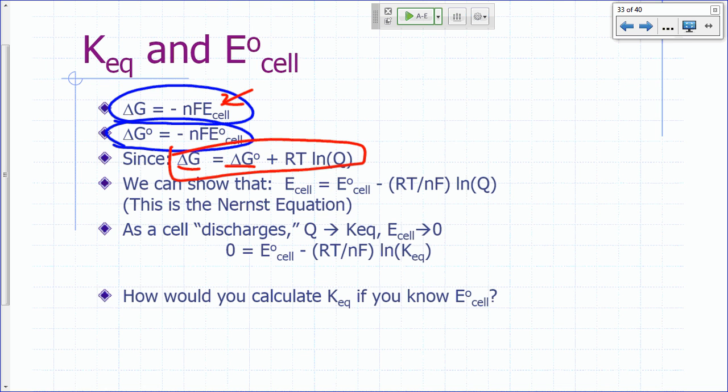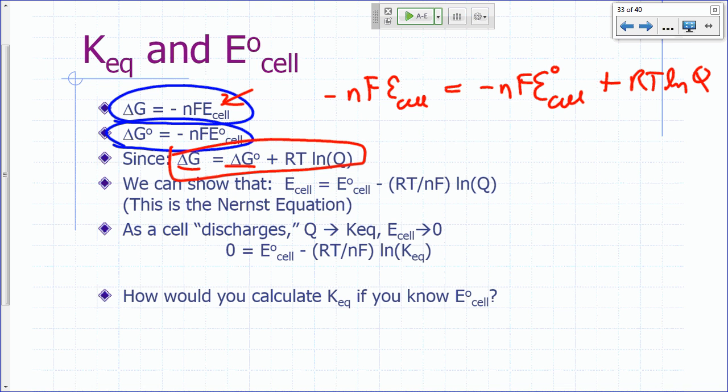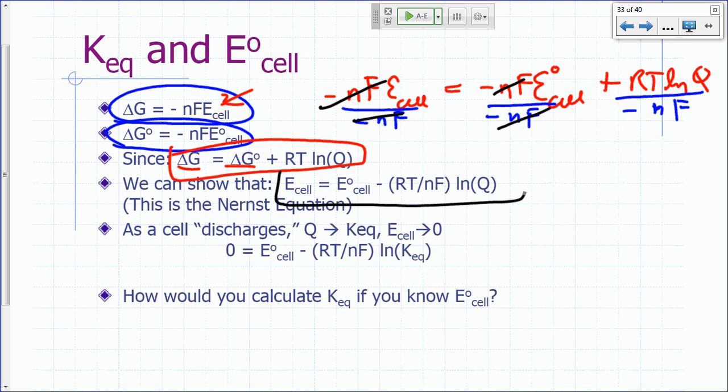Remember we said? So if you were to make the substitutions here, delta G is negative nF E cell, which is equal to delta G naught, negative nF E naught cell, plus RT ln of Q. And you divide both sides by negative nF, that nF cancels, and that gives you this equation right here, which is called the Nernst equation.